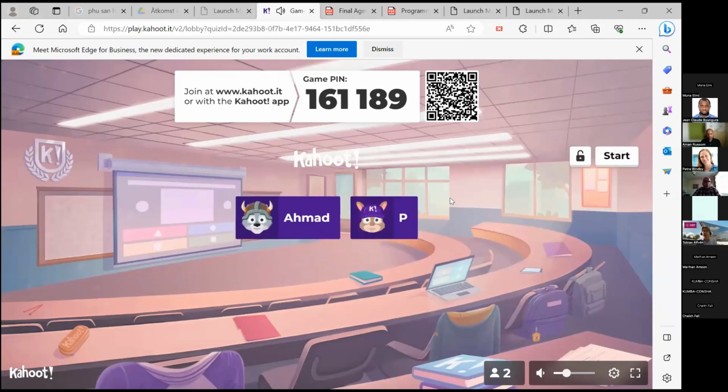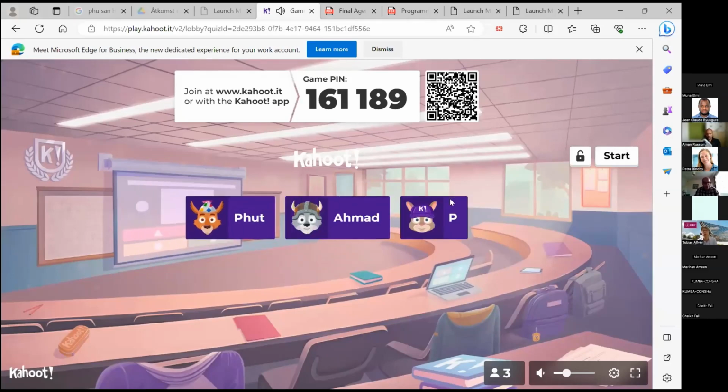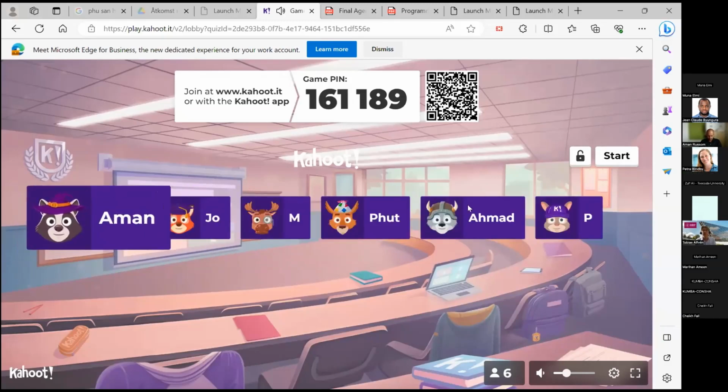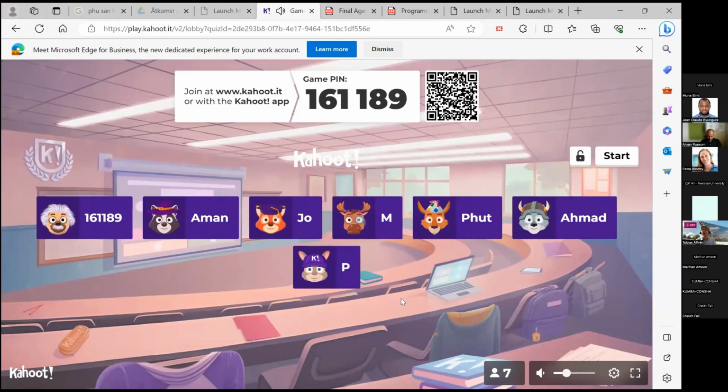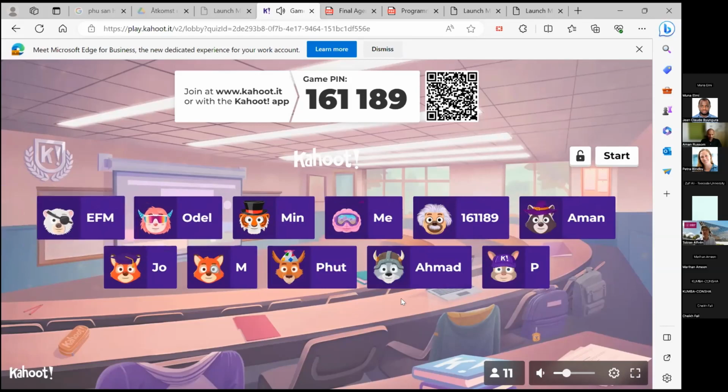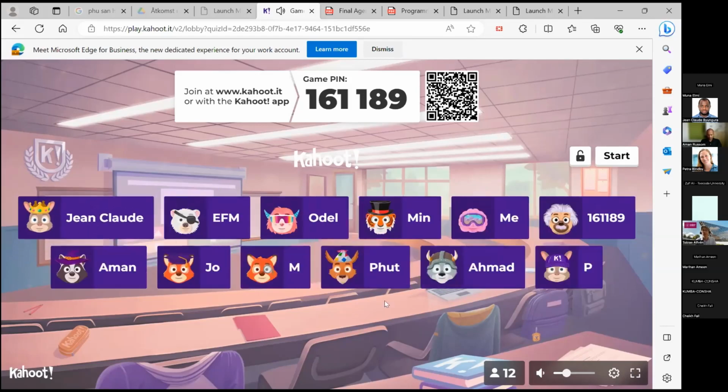Either you can take the QR code or the game pin is 161189. Please go to kahoot.it, enter the pin code, or just scan the QR code with your phone. That's the quickest one. If any questions, please write in the chat, and Jean-Claude and I and Putumani will together help you.